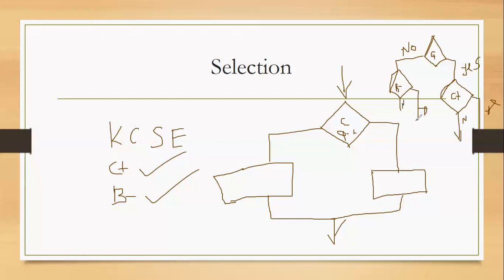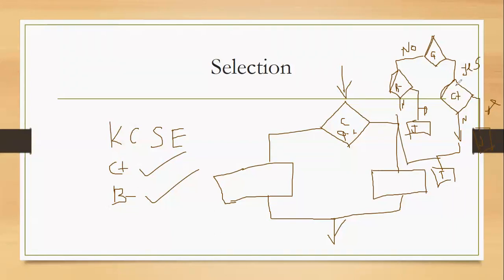If this is yes, the process will be join university. If this is yes, the result always will be join university. The two no's will be think of going for a TVET or any course or any business or anything else. Basically, we are branching.